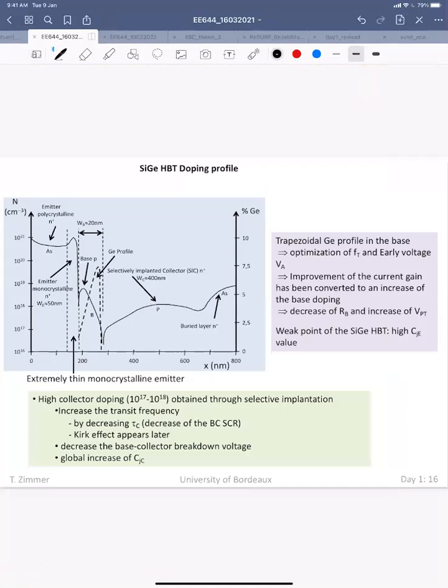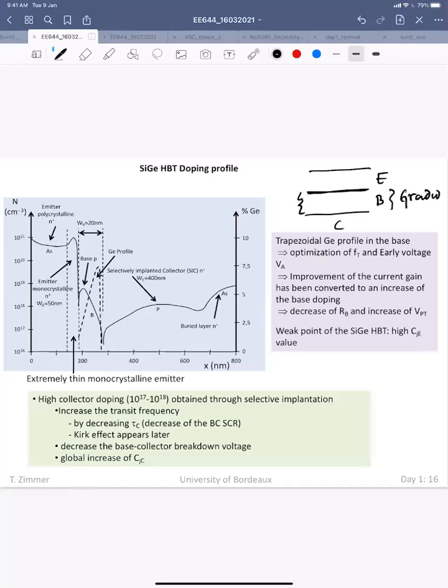When you deposit, let's say you have collector, base and emitter. When you're depositing the base, I told you this is silicon germanium, so they have increased the germanium concentration. This material is not uniform, this is a graded material.